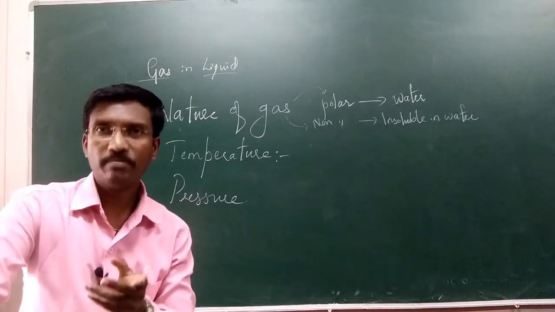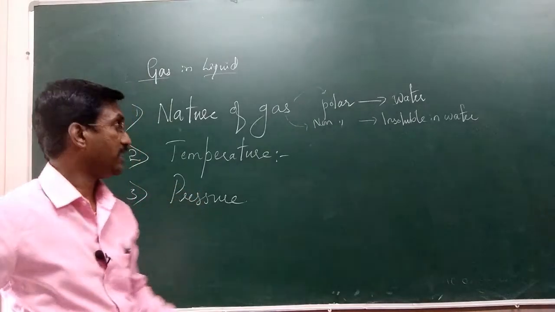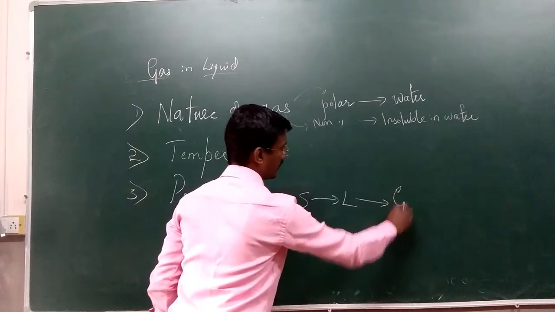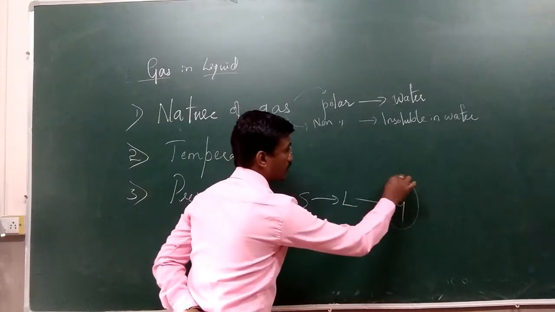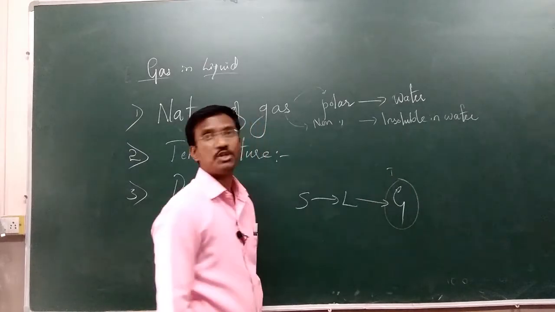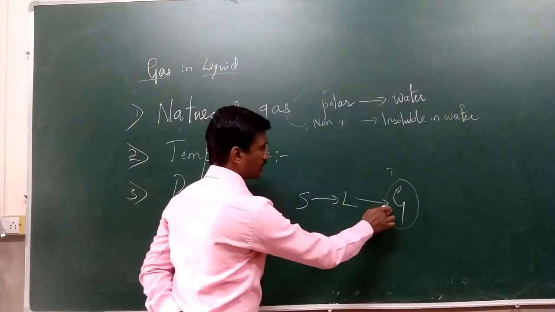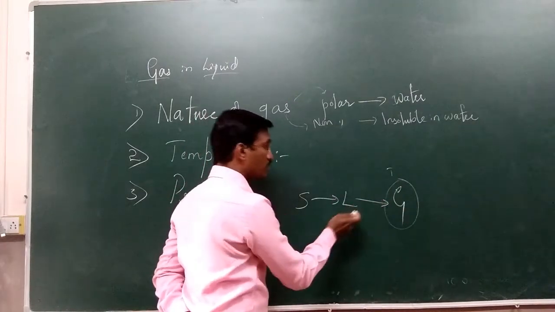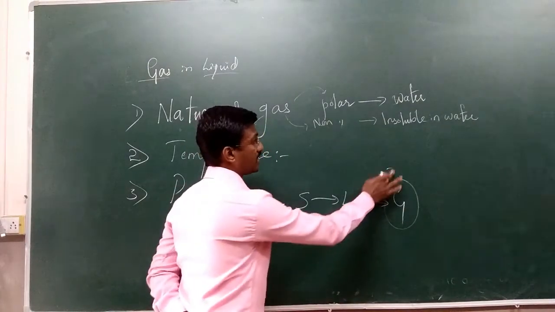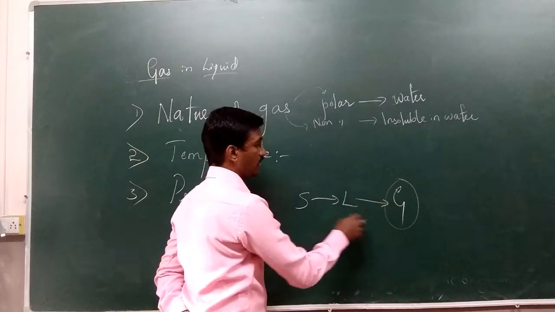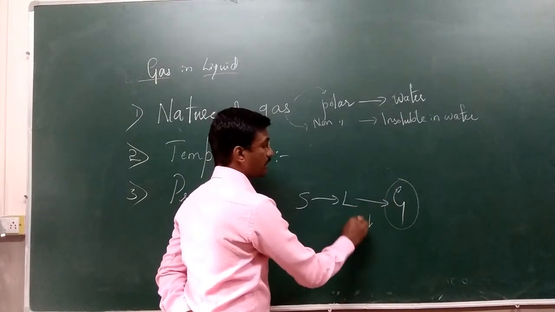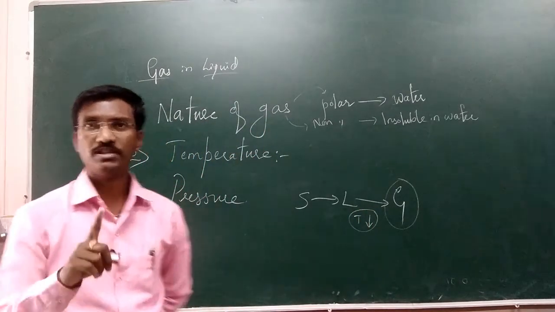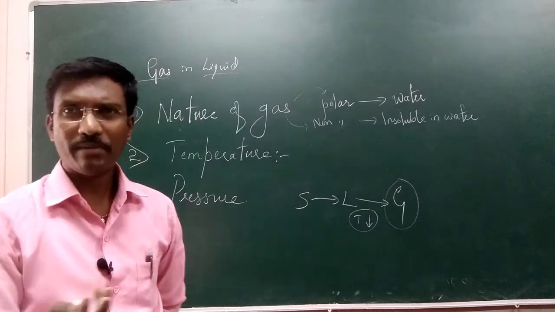I hope you remember that as we increase the temperature, solid converts to liquid and liquid to gas. Means gaseous compounds exist at high temperature. If we increase the temperature again, it never comes to the liquid state. Means we can get the gaseous compound in the liquid state only by reducing the temperature. I hope these are fundamental things for you.